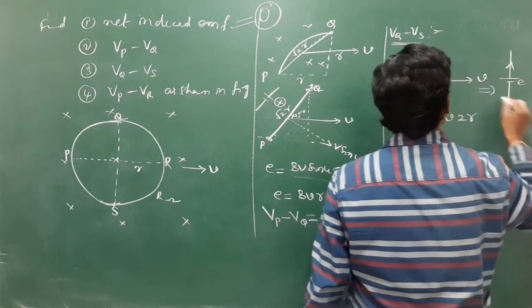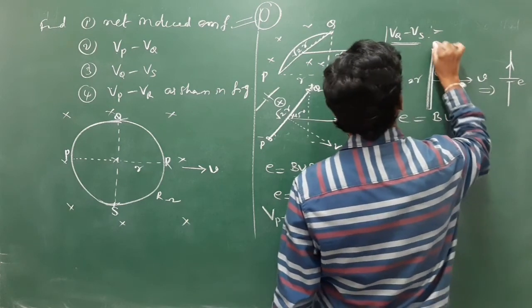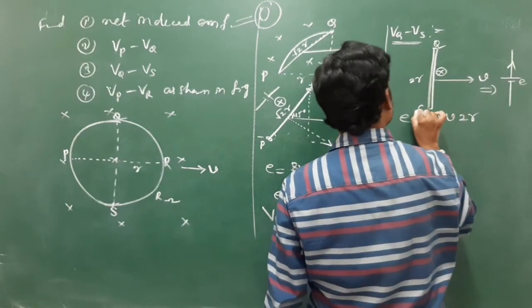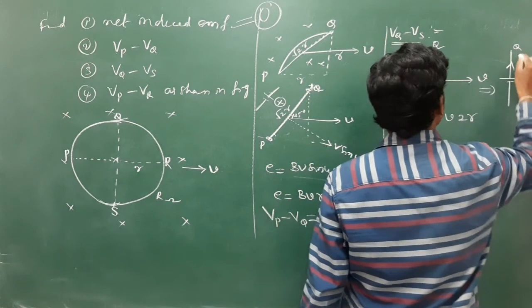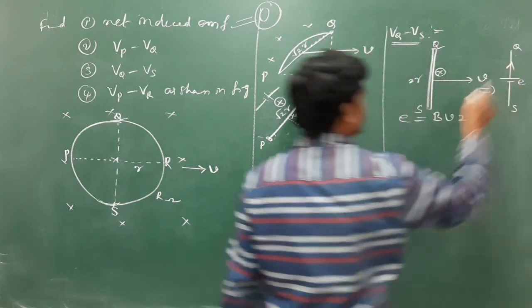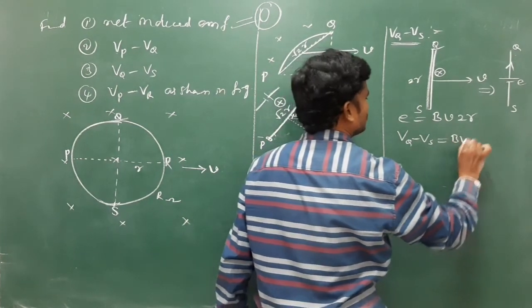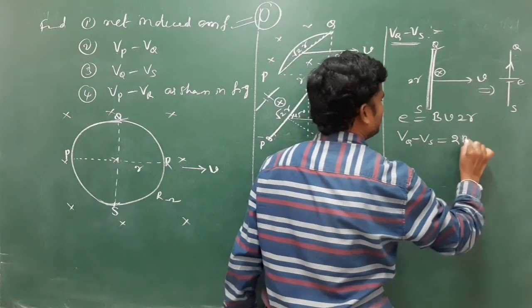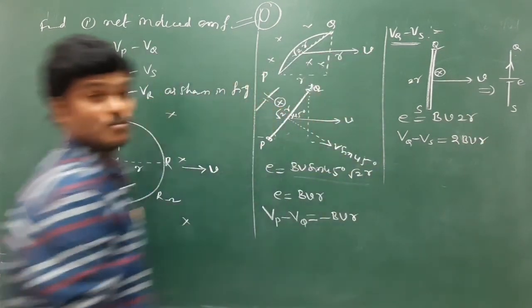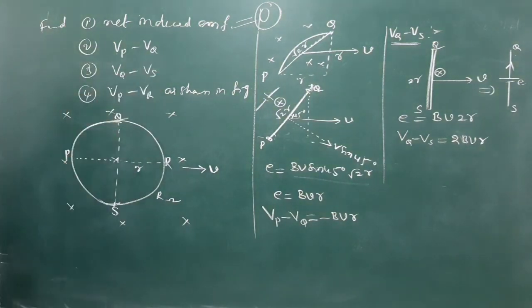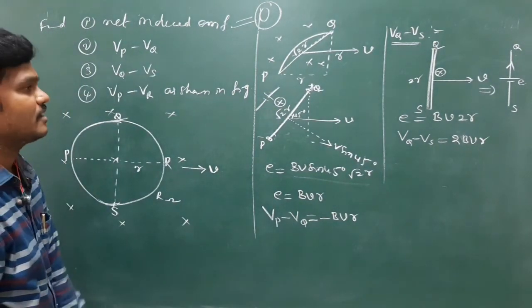So this is the EMF, and this is Q, this is S, and Q is at highest potential. So VQ minus VS is 2BVR.